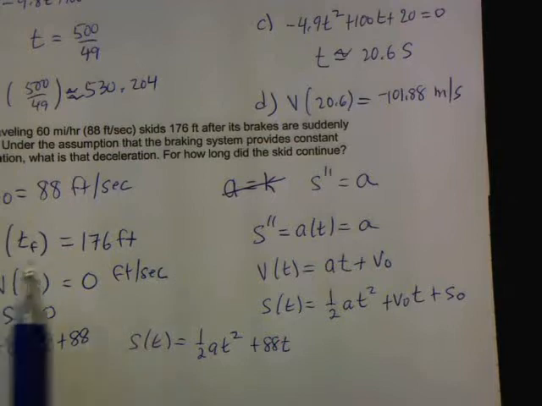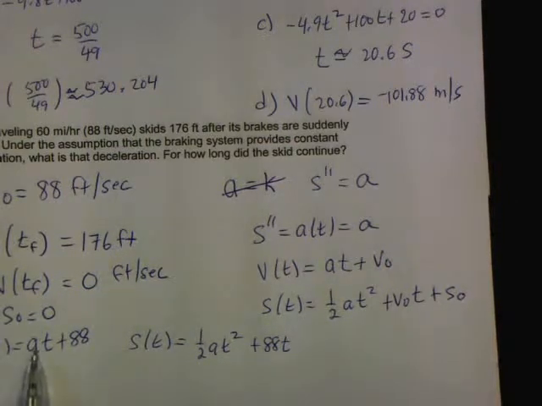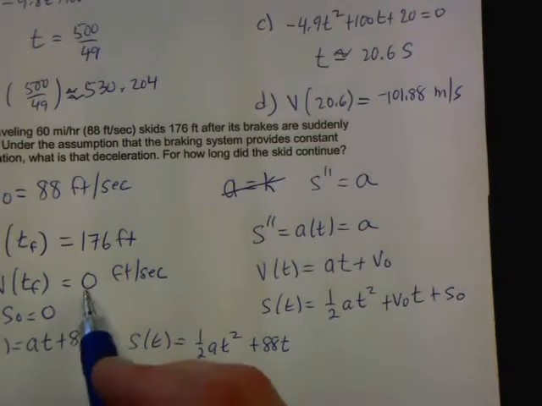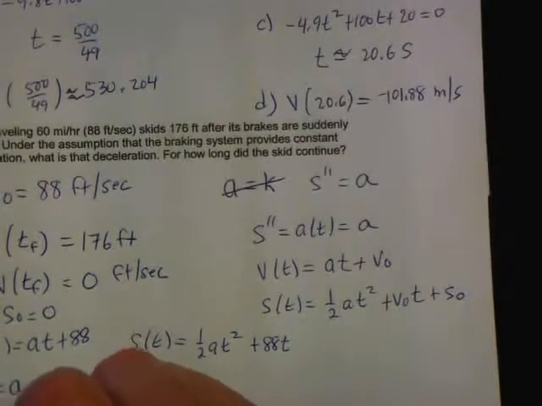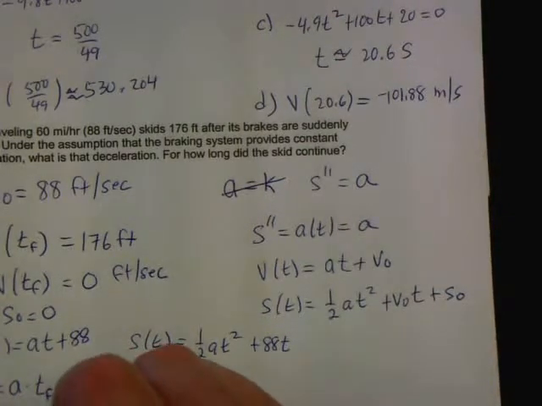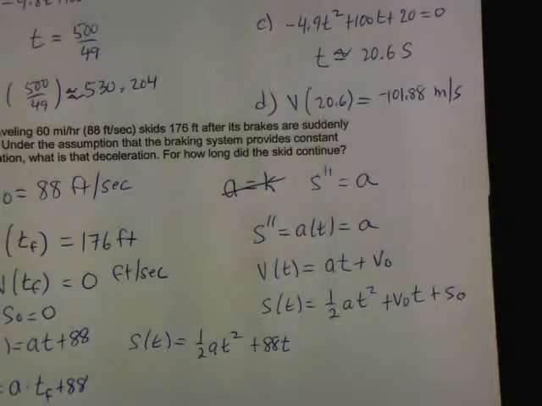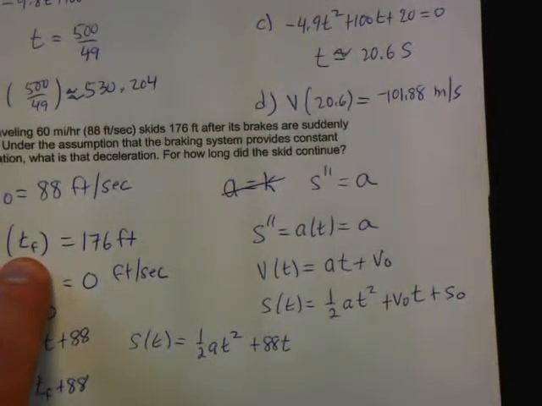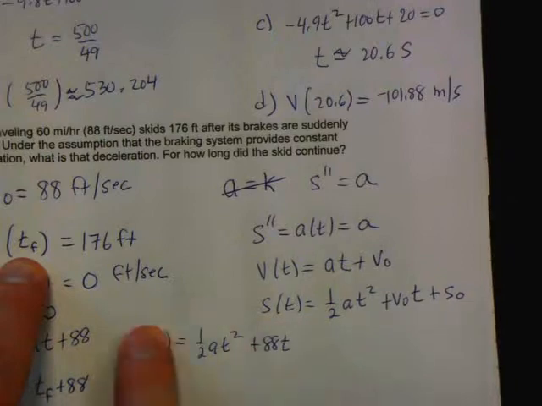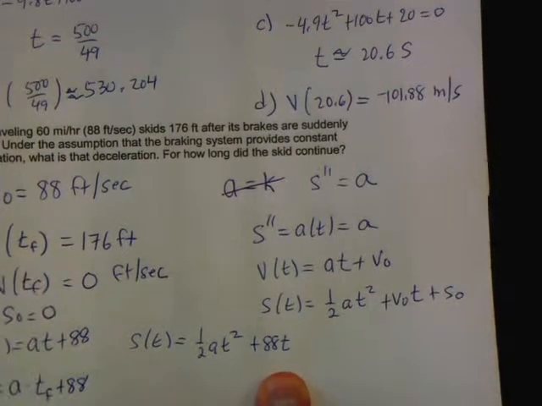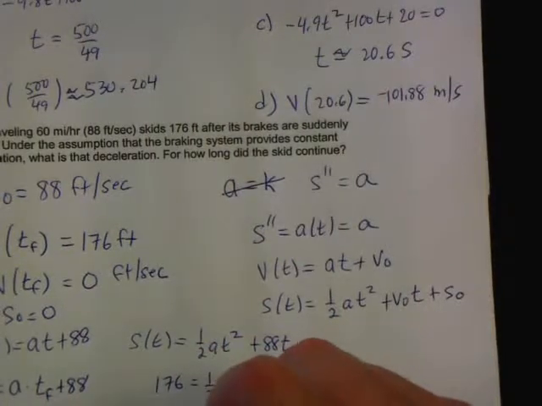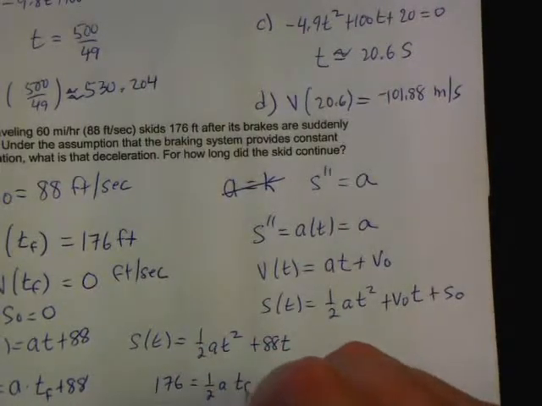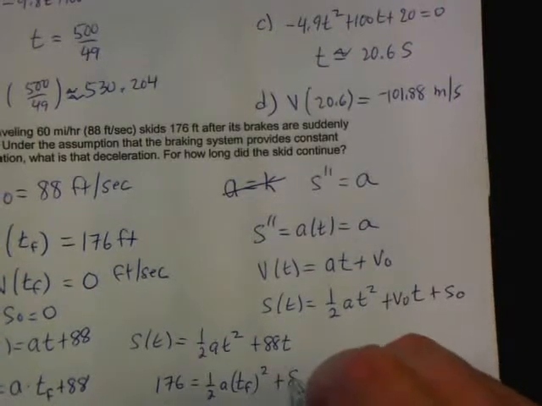When I plug this information in, I'm still going to have two variables here, but I think that's okay. I'm going to get 0 equals A times T final plus 88. But I'm also going to plug the T final information into my position formula. So I have 176 equals 1/2 A times T final squared plus 88 T final.